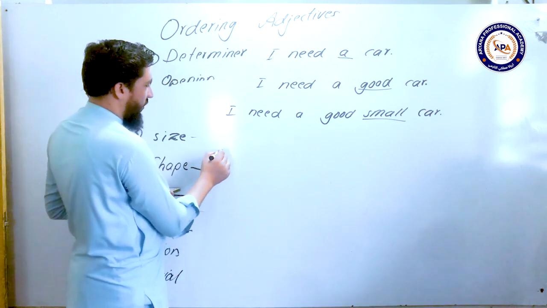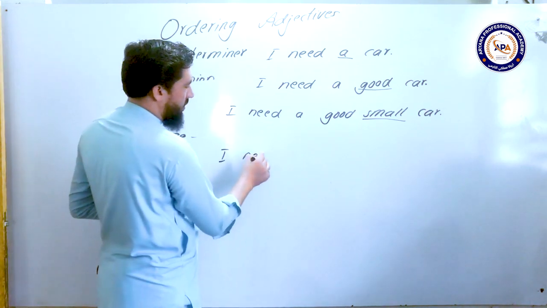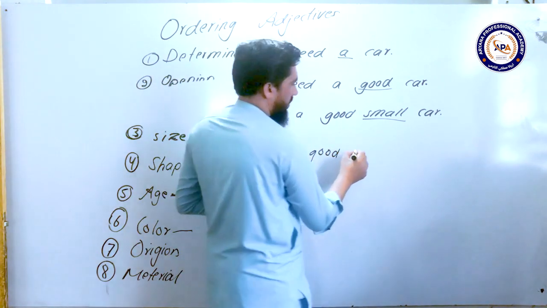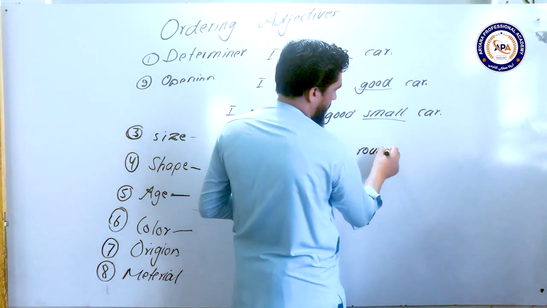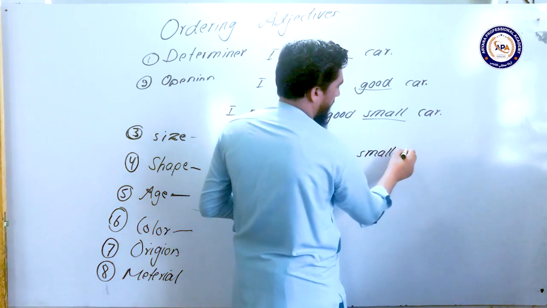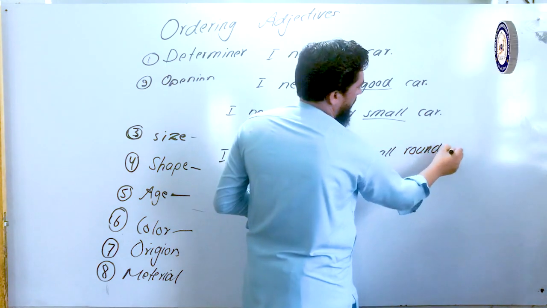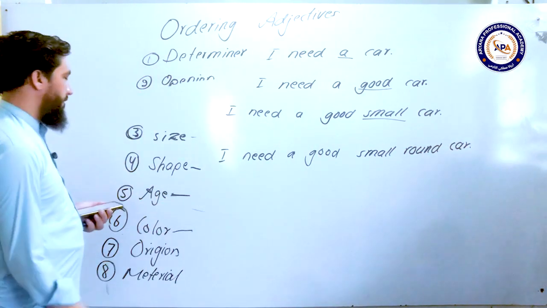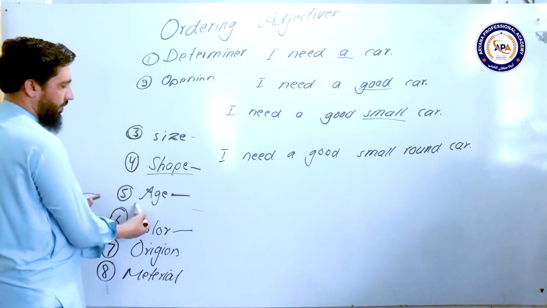Then shape, for example, I need a good small round car. Round shows the shape.